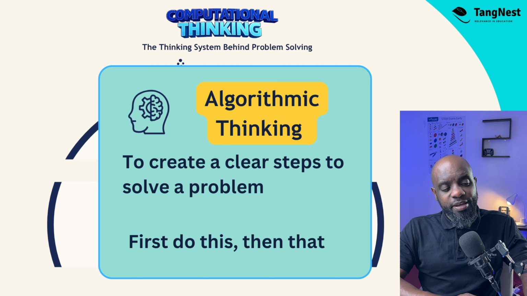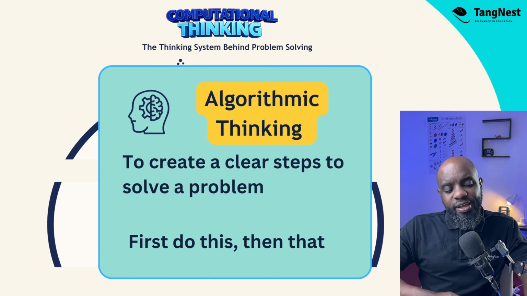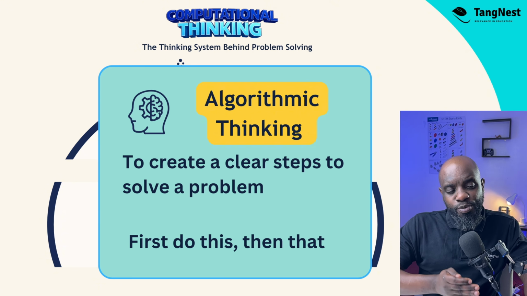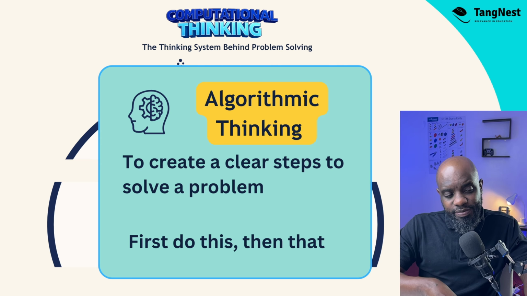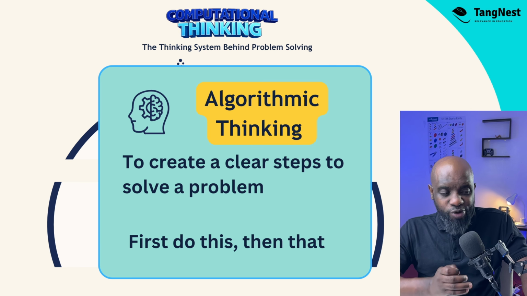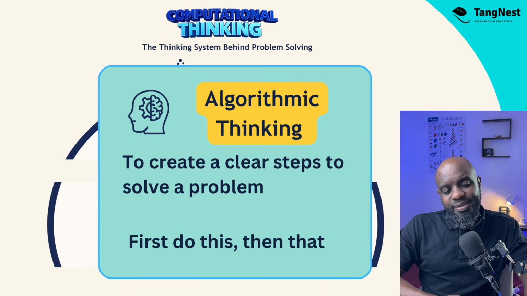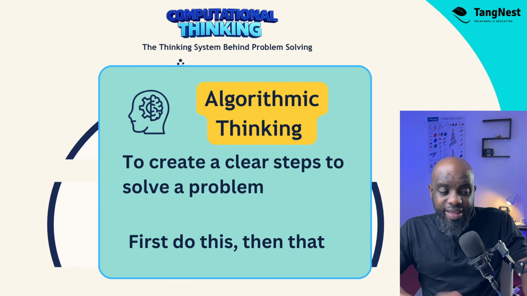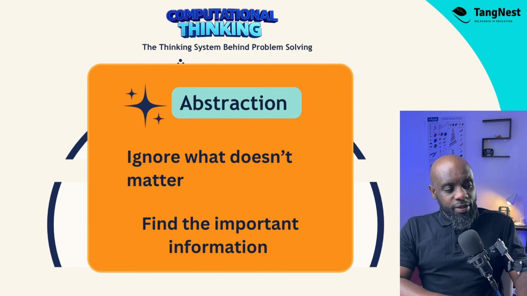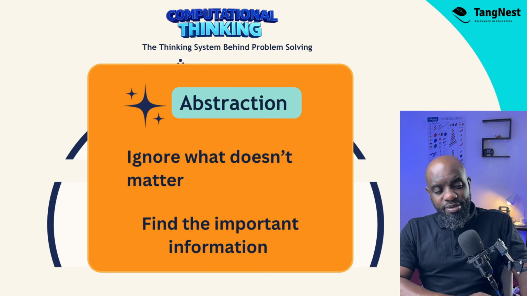So let me give you an example in a Scratch project of algorithmic thinking. Making a character move through clear steps. Let's say the character is moving from point A to point B, and the kid is writing clear instructions of how that character will move. That is algorithmic thinking.